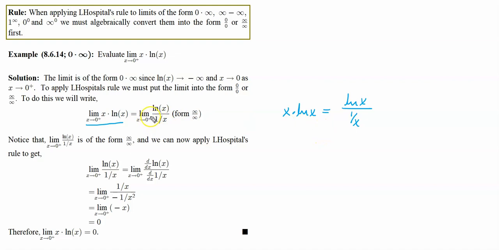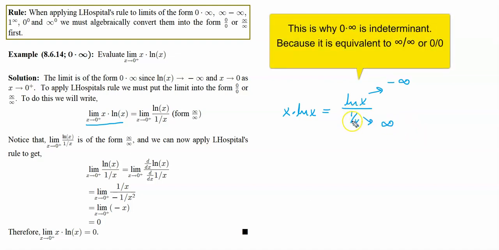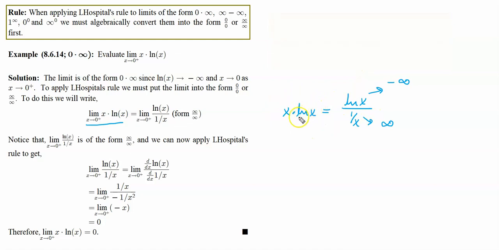Now as x is approaching 0 from the right, the ln of x is approaching -infinity. And as x is approaching 0 from the right, 1 over x is approaching infinity, right? If I take 1 divided by a very, very small positive number, that's going to be a very large positive number. So this limit, which is the same as this one, as x is approaching 0 from the right, will be of the form -infinity over infinity.